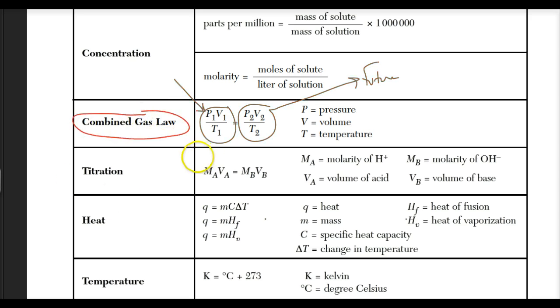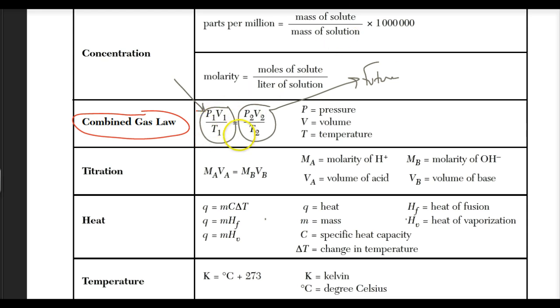And what I did teach you was that previously, if you had a variable besides moles, which has to be held constant, the number of particles for this formula, if you had one of these variables listed that was constant, we would just cancel them out and we have a new formula.